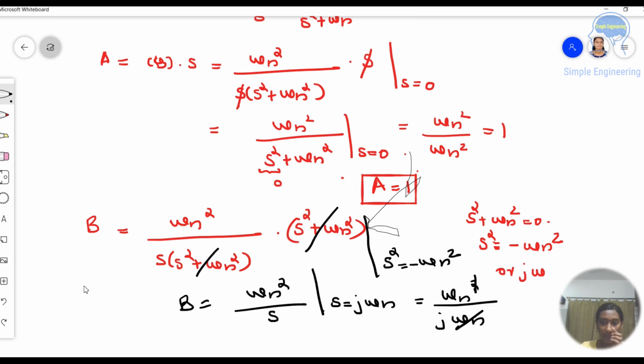Omega n and omega n will get cancelled, so you will get omega n / j. J you can take to the numerator side, so B will be equal to minus j omega n. So you have got A and B: A is equal to 1 and B is equal to minus j omega n.